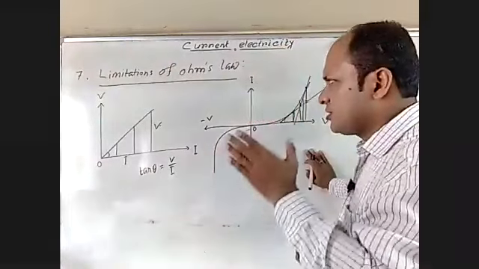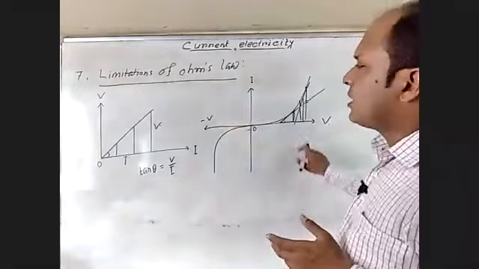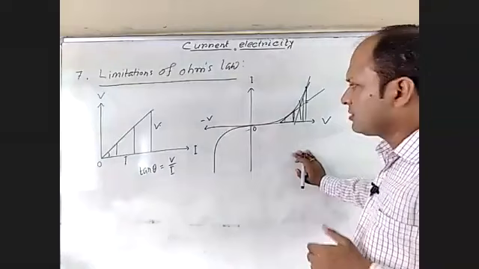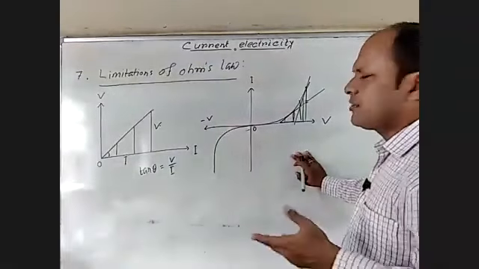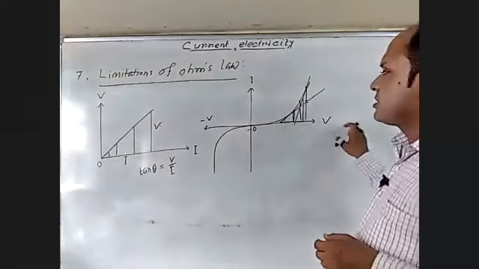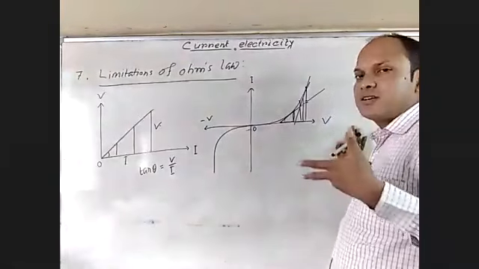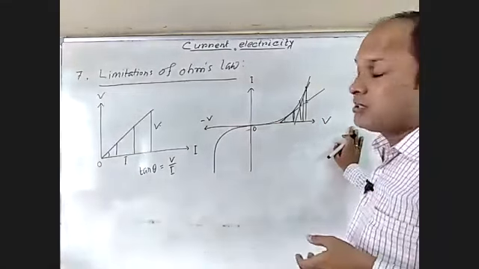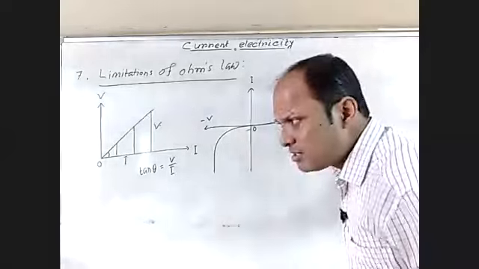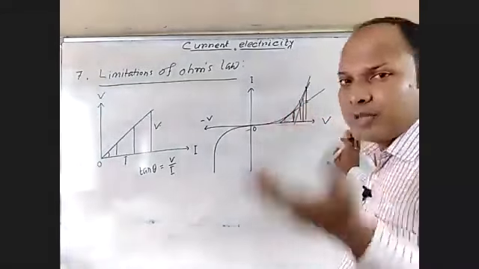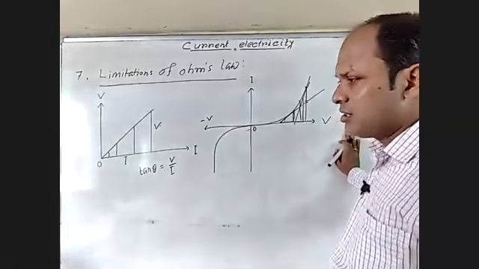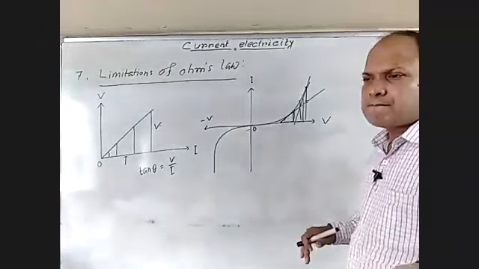Those substances in which the VI relation is not a linear relation, there is a curvilinear or different kind of path followed by them. In those substances, the resistance is always varying. These substances are called non-ohmic substances, and their resistances are called dynamic resistances. So what is dynamic resistance?